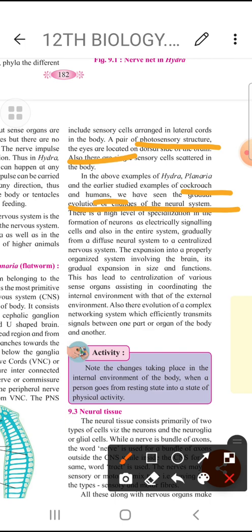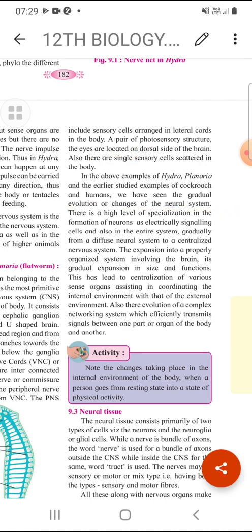Now we're going to understand about the neural tissue, मतलब neurons. This topic has been already done in your 11th standard. So I just want you to go through this topic 9.3, page 183, neural tissues. थोड़ा सा extra है, but that's not difficult. You have to learn the names of neuroglia.